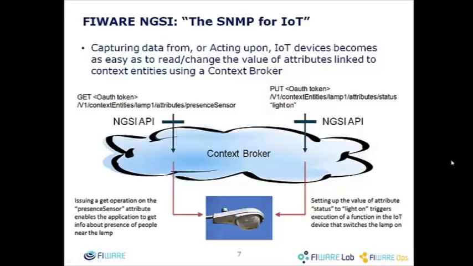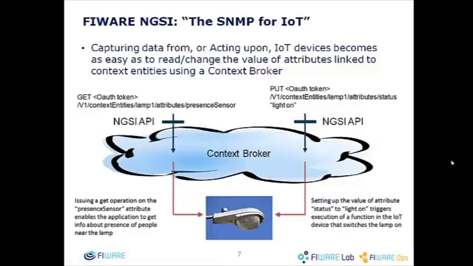And thanks to it, capturing data or acting upon IoT devices is as easy as reading or changing the value of the attributes that are linked to the context entities, just using the context broker.